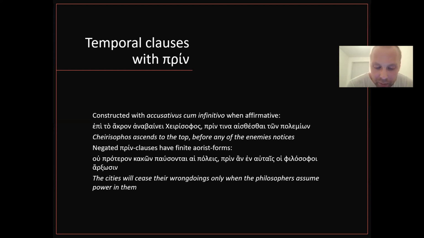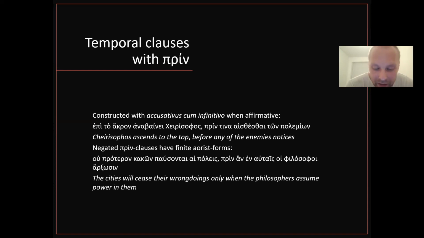So here we have a temporal clause introduced with the conjunction prin as well. But since the preceding main clause is negative, the predicate in the subordinate clause is a finite aorist form. More specifically, it's a third person plural active aorist subjunctive form of the verb archo, to rule.